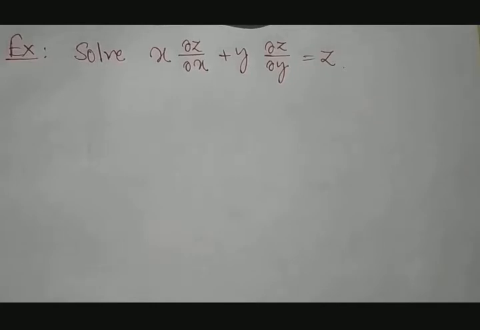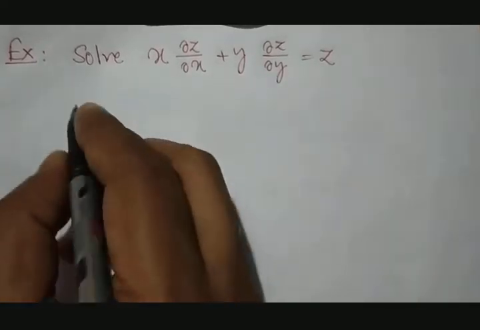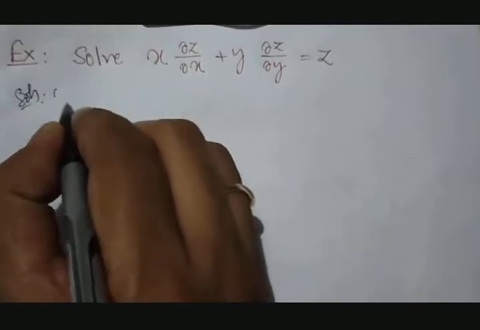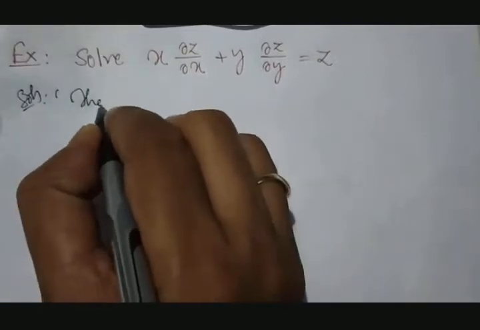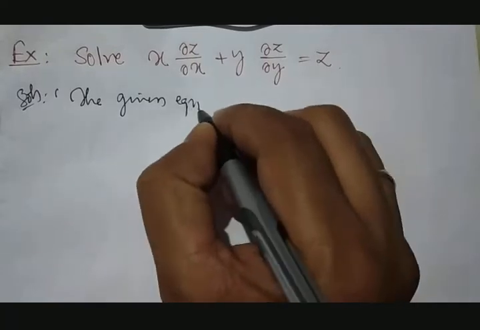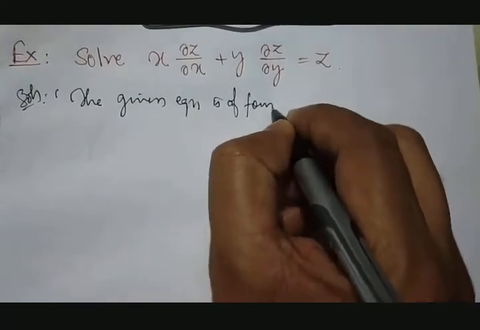Very first we need to observe whether this is a Lagrangian linear equation or not. If you see, the given equation is of the form. How can it be taken?